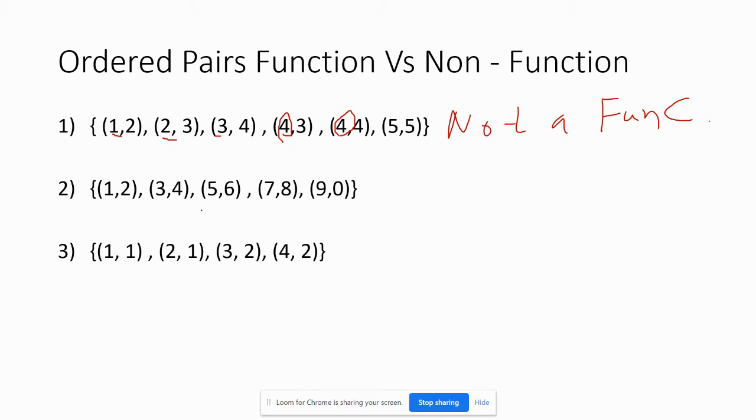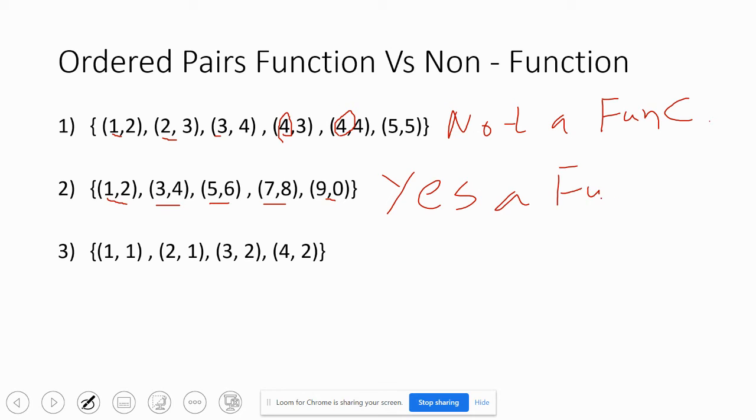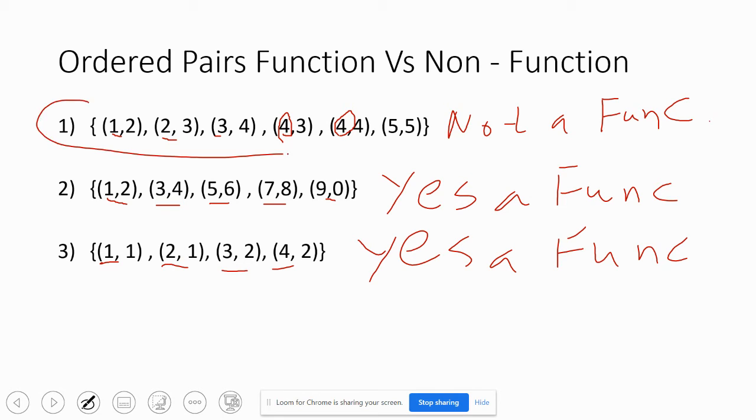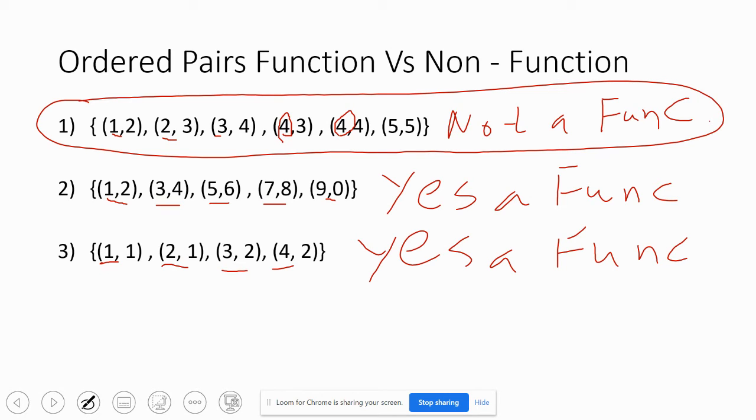Now let's look at number 2. 1, 3, 5, 7, 9. No repeats. Yes, a function. Let's look at 3. 1, 2, 3, 4. No repeats. Yes, a function. So number 1 is the only one that's not a function.